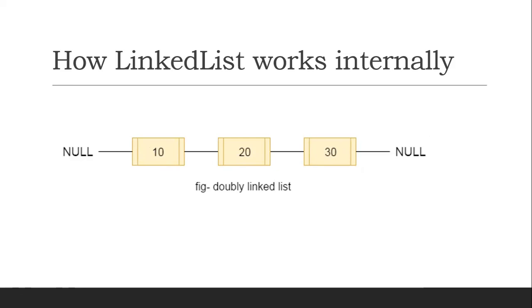The size of the list automatically increases when we dynamically add and remove items, and also the elements are not stored in a continuous fashion. There is no need to increase the size.